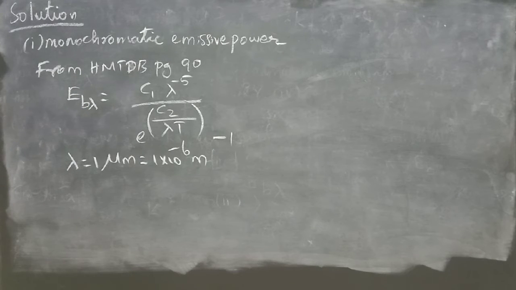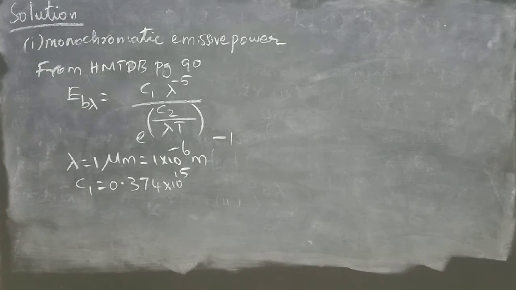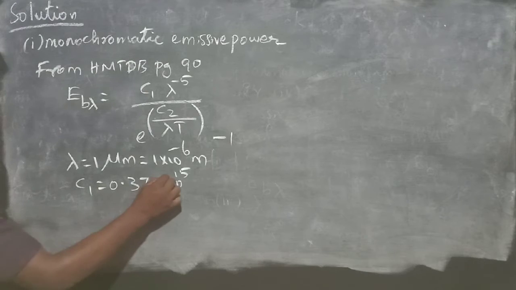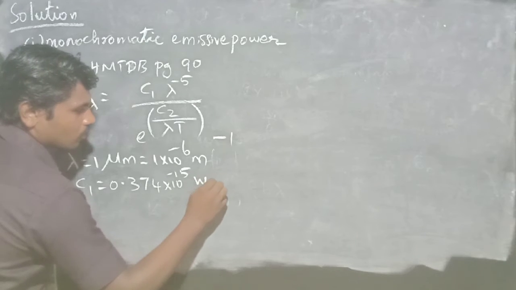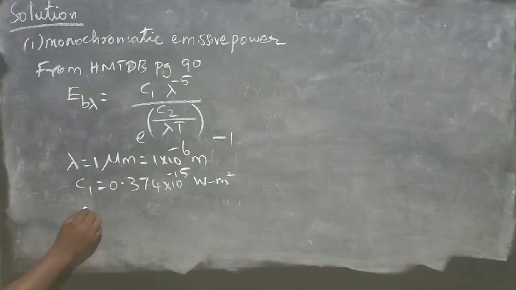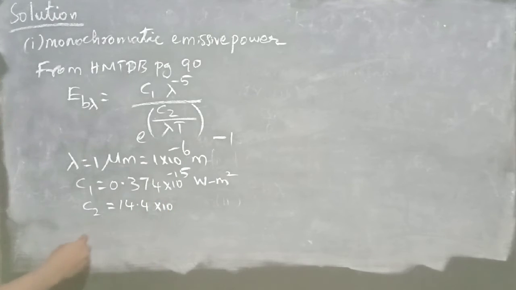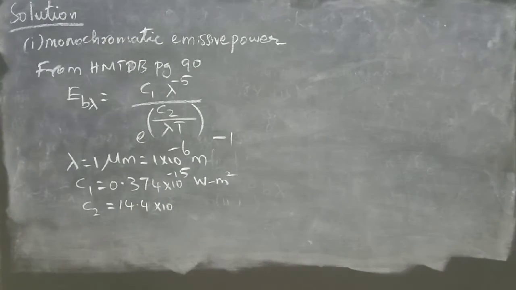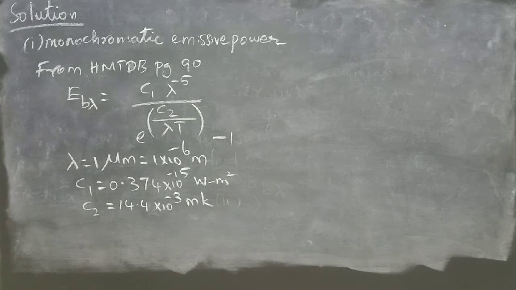The value of C1 is equal to 0.374 into 10 power minus 15 watt meter square, and the value of C2 is 14.4 into 10 power minus 3 meter Kelvin.